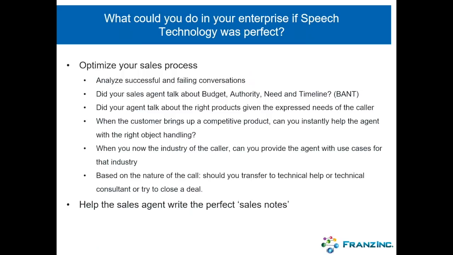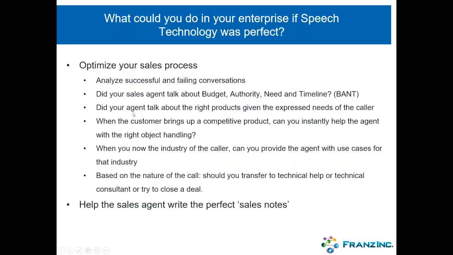And then if you look at the things that we work on, it's a lot about sales processes. Once you can take the things that your customer and your agent talk about, you can start analyzing successful and failing conversations. What conversation styles lead to a sale or a deal?